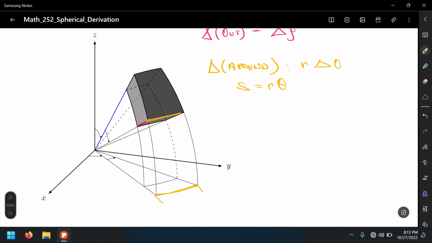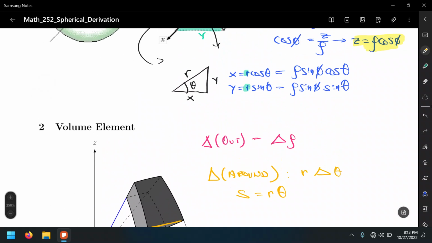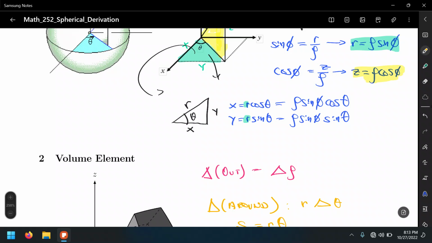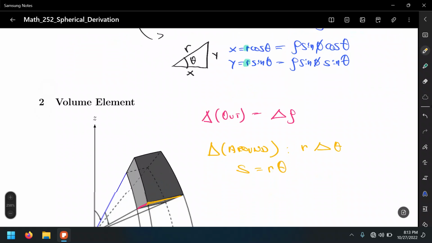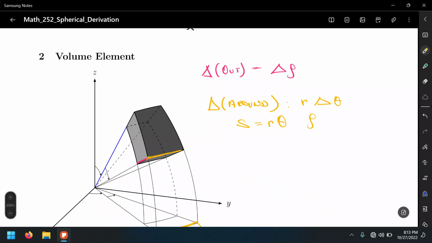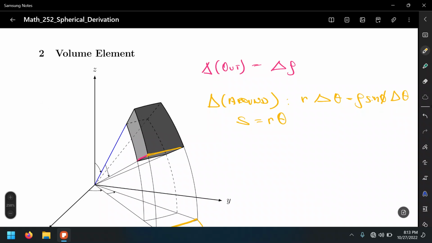However, our spherical coordinate system doesn't involve r, it involves rho. But we have a formula for r in terms of rho. We got it from the previous derivation. Isn't it this one I highlighted in green? Remember I highlighted it because we were going to use it later? So this is rho sine phi delta theta. So that's the delta around.